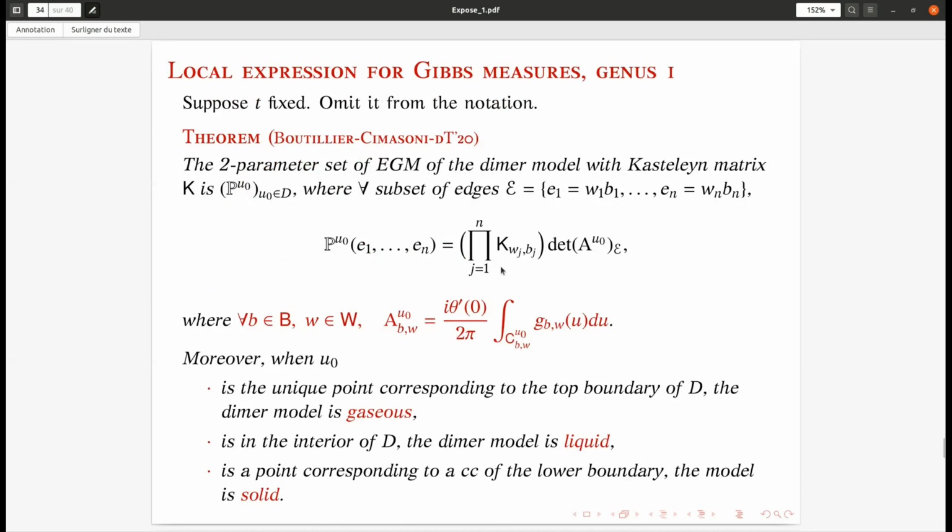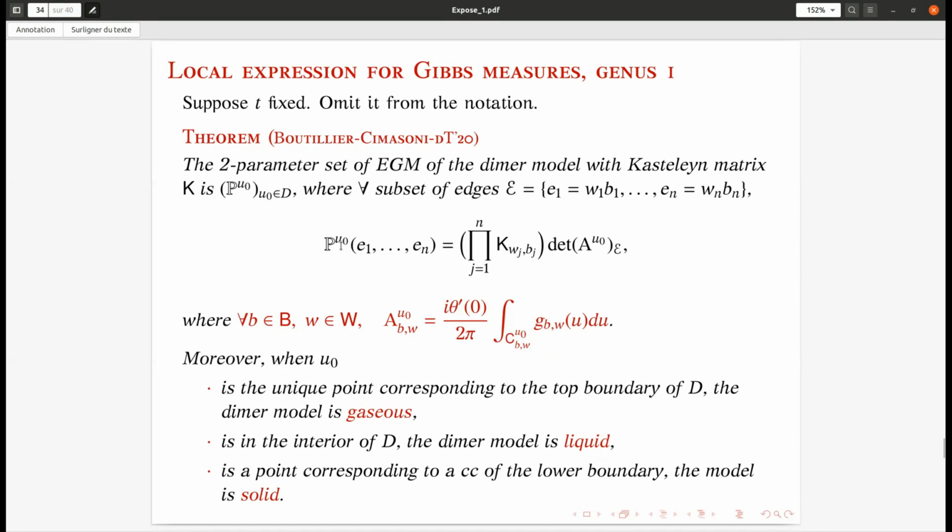And so what we prove is an explicit local expression of this two-parameter family of Gibbs measures in the case of genus 1 Harnack curves. So the formula is quite general for Gibbs measures in the dimer model. What is remarkable in the formula is the expression for the inverse operator. You see, it only depends on this function g and a contour of integration.